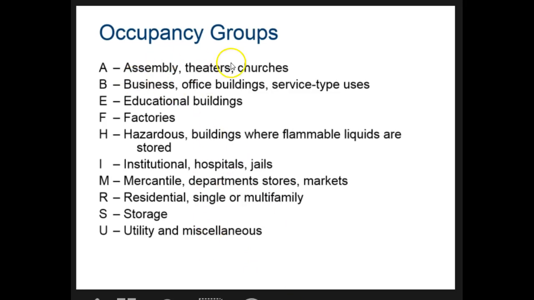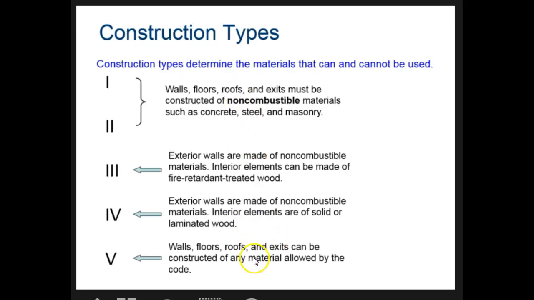So here's the list actually laid out by the IBC. You can look through these and see the different categories. Educational buildings, so those are schools, factories, storage buildings. You see these different classifications. And then the construction types.